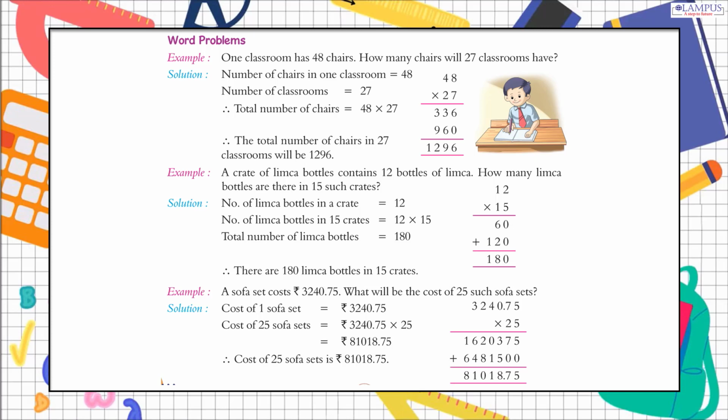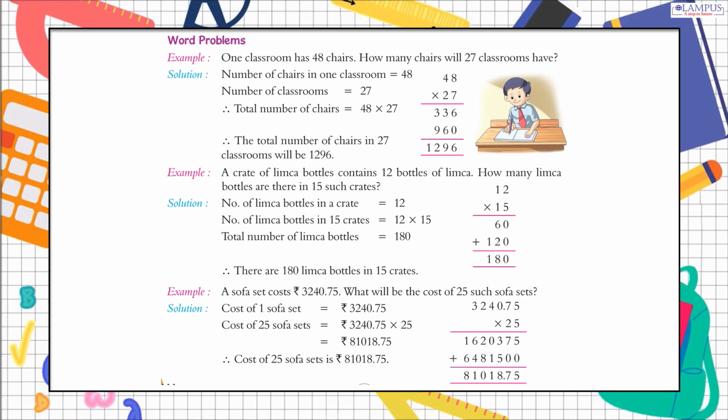Multiply by 2 tens. 48 times 2 tens equals 96 tens equals 960 ones. Add 336 and 960 ones. 336 plus 960 equals 1296. Therefore, the total number of chairs in 27 classrooms will be 1296.